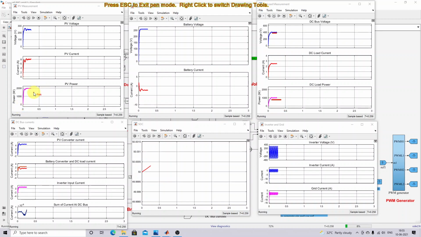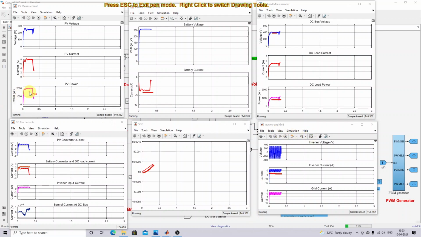The remaining power will be shared with the battery. Here you can see the battery current is nearly minus 2 amps. Minus 2 amps means the battery is in charging mode. So you can see that the SOC of the battery is increasing now. And the remaining 1000 watts is shared by the battery as well as the grid.